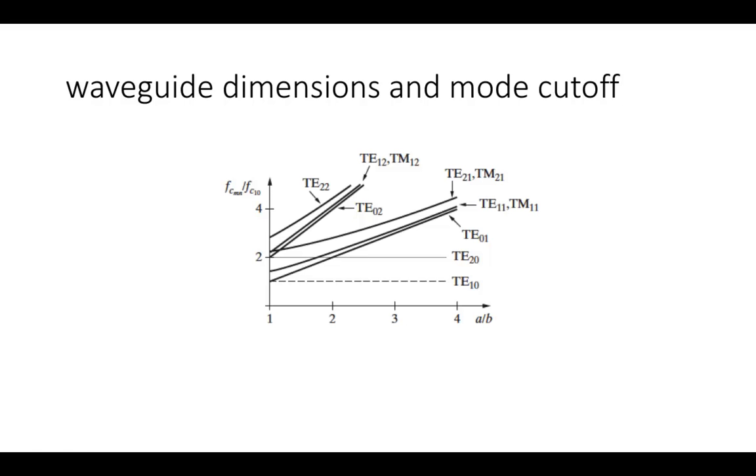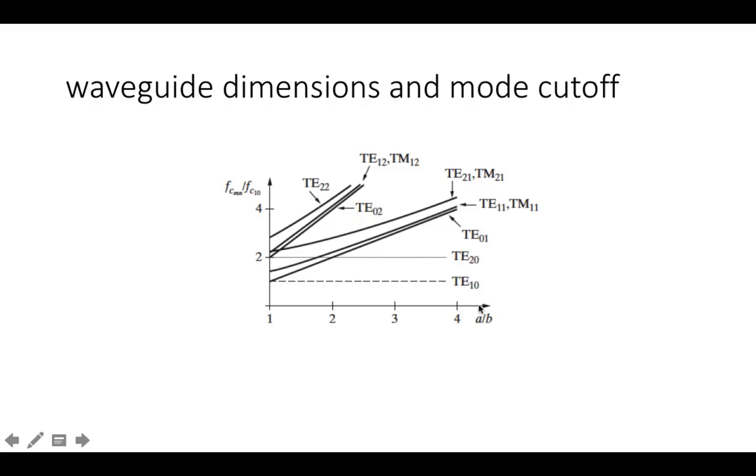If you come over here to 2, you'll notice that at A over B ratio of 2, you can come all the way up to pick up the TE20 mode, so you can have a frequency band that's fairly wide at 2, and you don't really gain anything at 3 because you're still running into this TE20 band, which is flat.